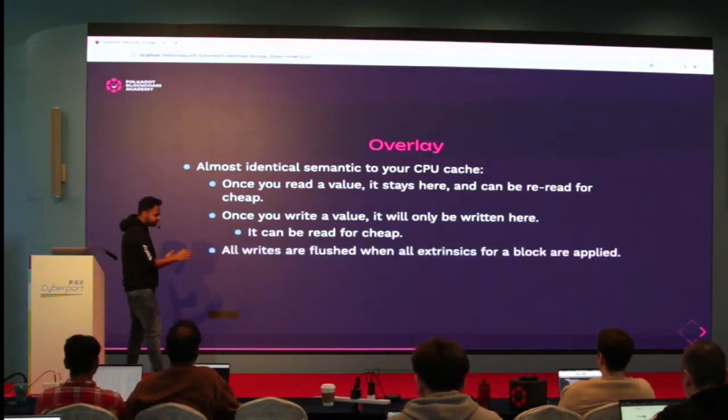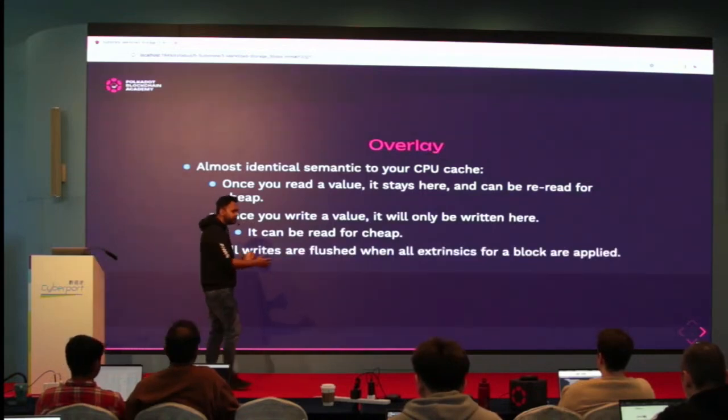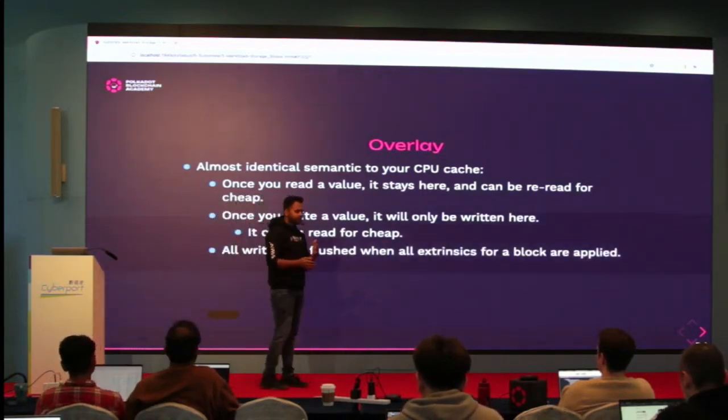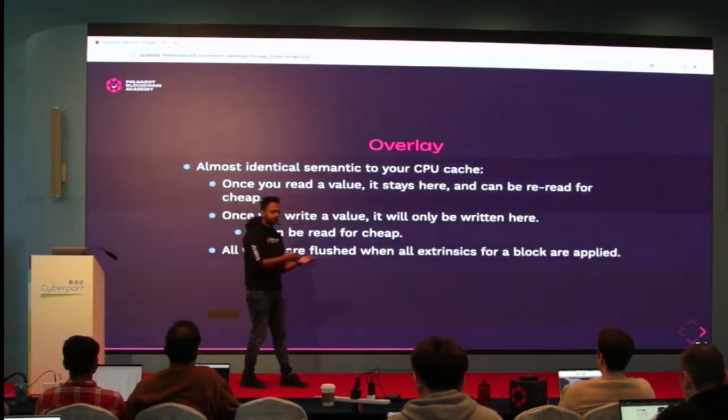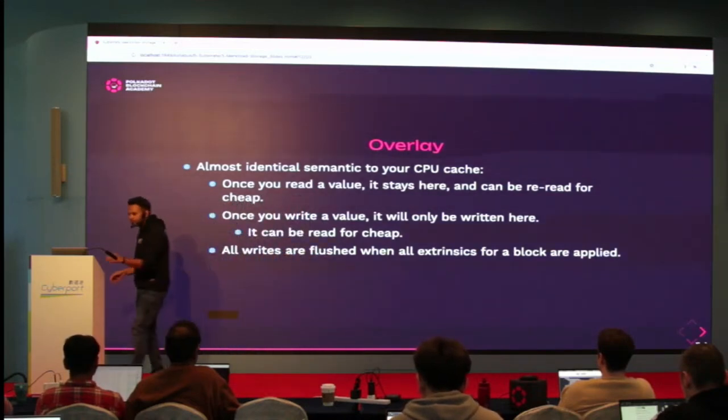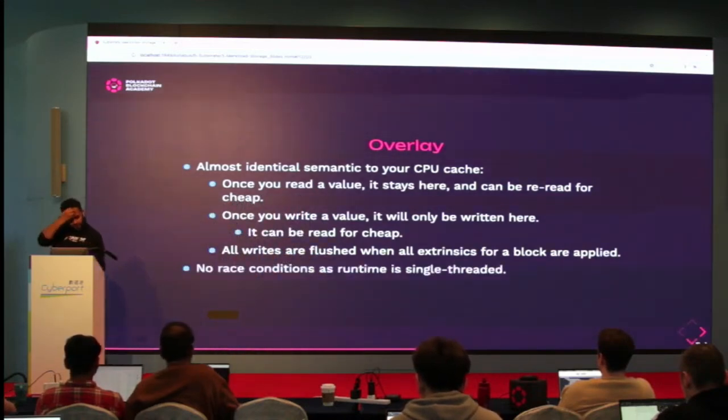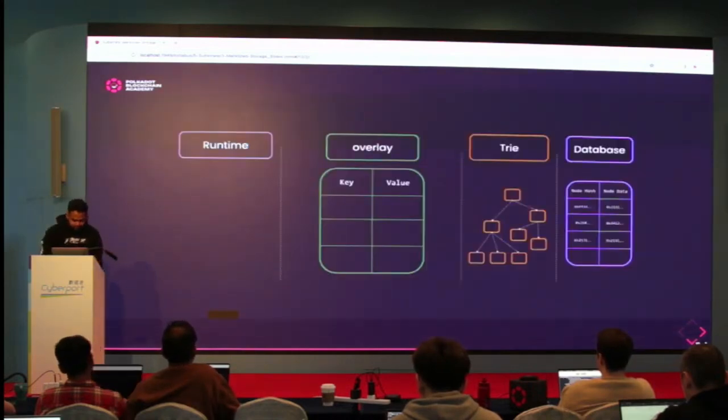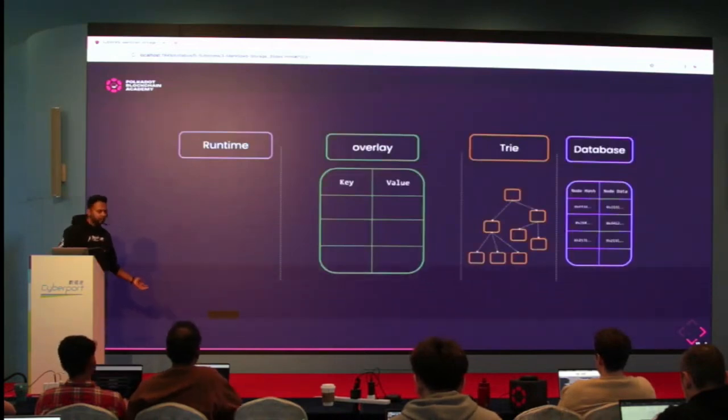And all the changes are flushed only at the end of when the block is finalized. We don't have any race condition because runtime is single threaded, so useful. I'll show you an example how this works.